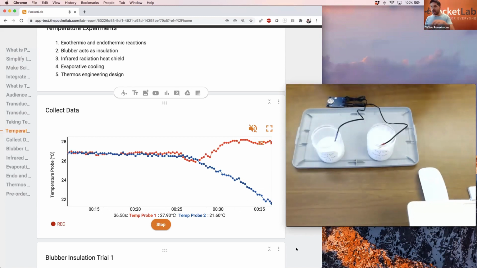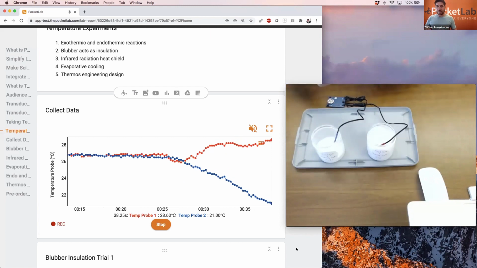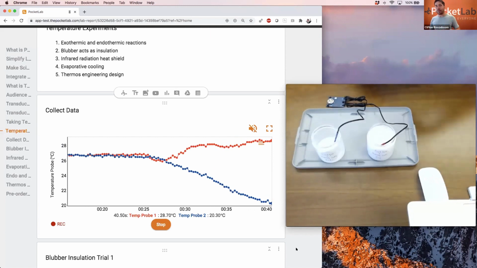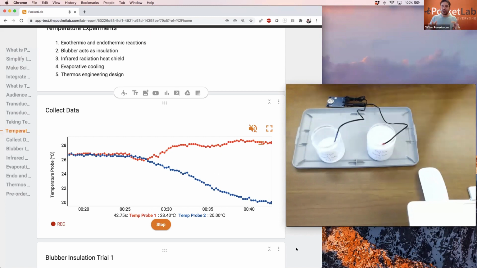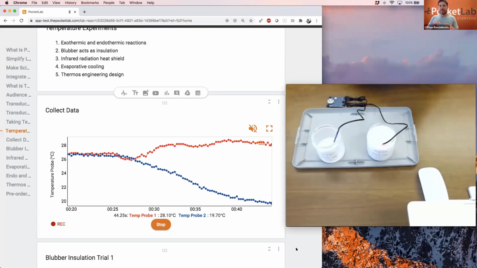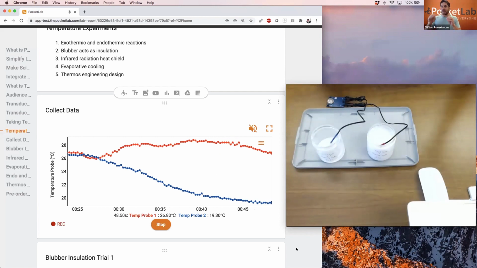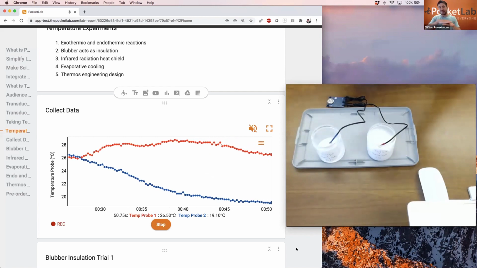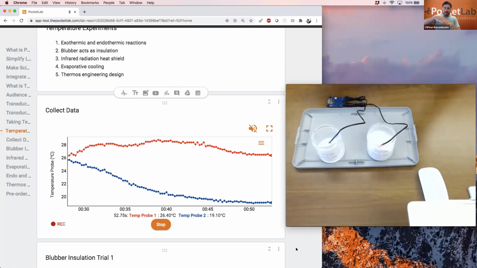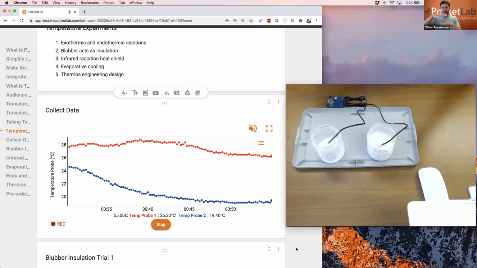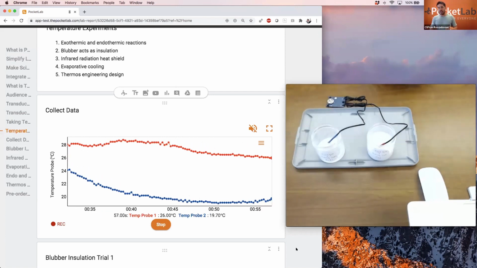But you can see our exothermic reaction increased in temperature and our endothermic reaction decreased in temperature. And you could have guessed the results of this, but I think it's pretty powerful to see this happen together in real time. You can see how it went from this starting room temperature, and then those readings started to diverge.